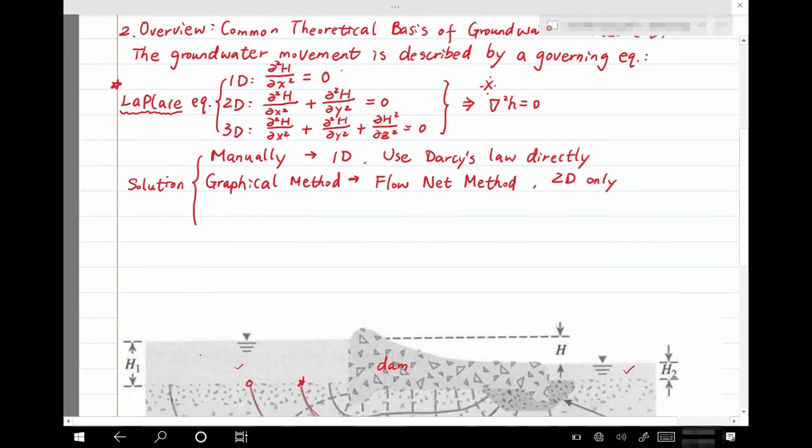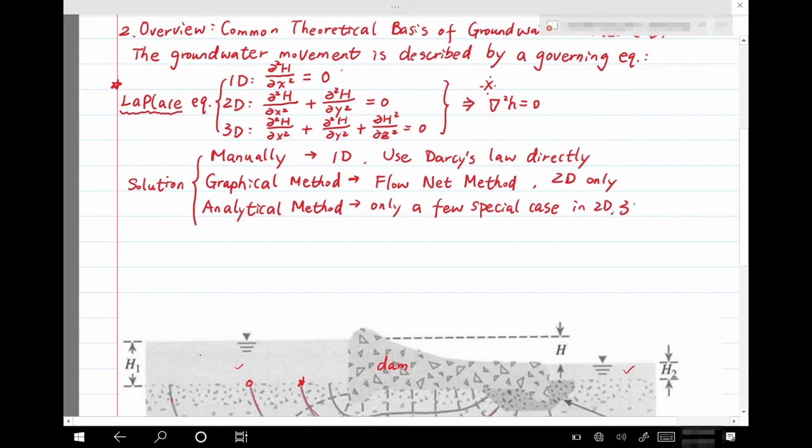And the third type of solution or method is called the analytical method. For this one, we have a few special cases in 2D and 3D.